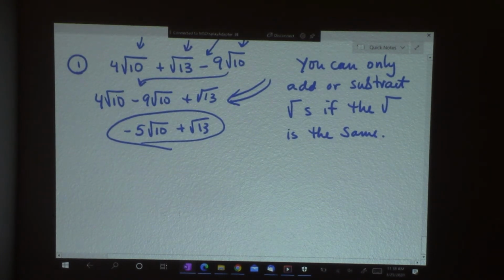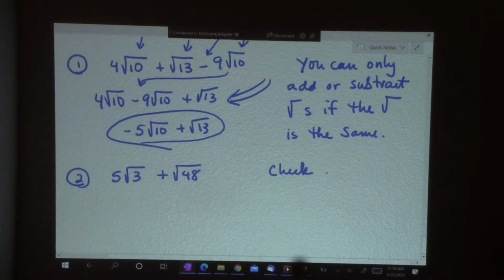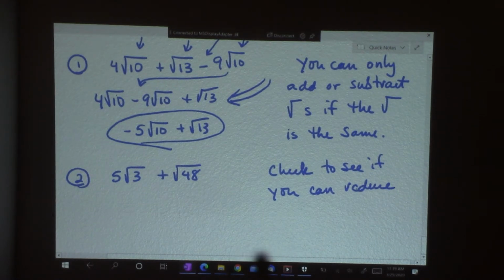Okay, number 2. 5 square roots of 3 plus the square root of 48. Okay, now, these initially look like they're different, and they are. But if you can't combine something, check to see if you can reduce or simplify.